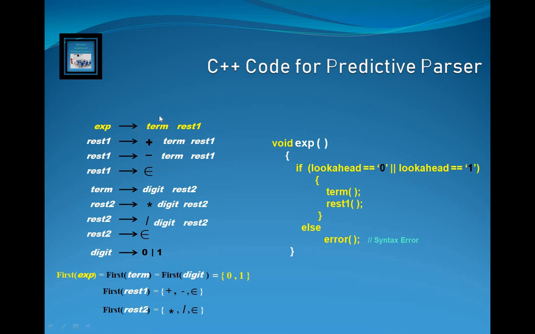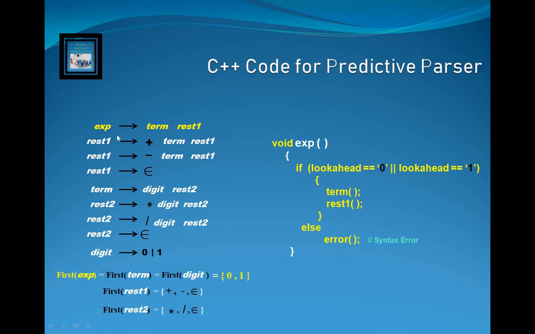If there is a non-terminal, you just call the function for that non-terminal, and if there is a terminal, or you can say a token, then you call a special function called match, giving that token as an input to that function. You will see that example in the next slides.